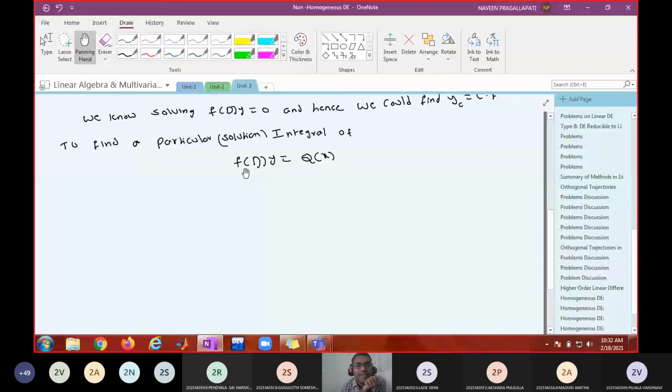And I told you f of D is a linear operator. It is a function. Functions will have inverse. So can I pre-multiply both sides with f of D whole inverse?